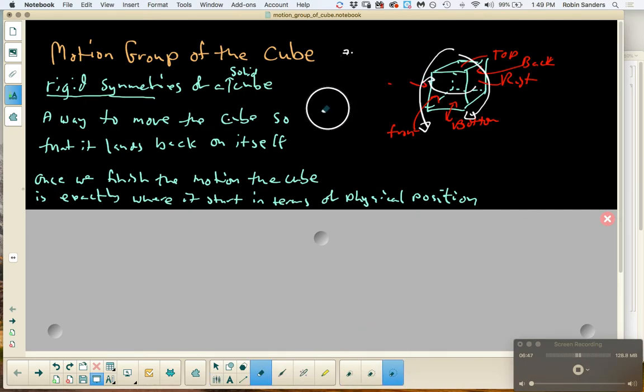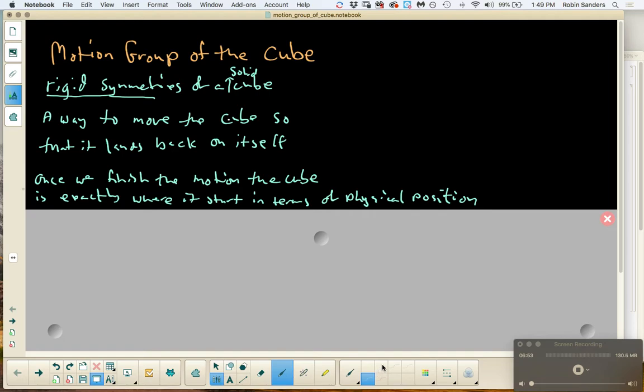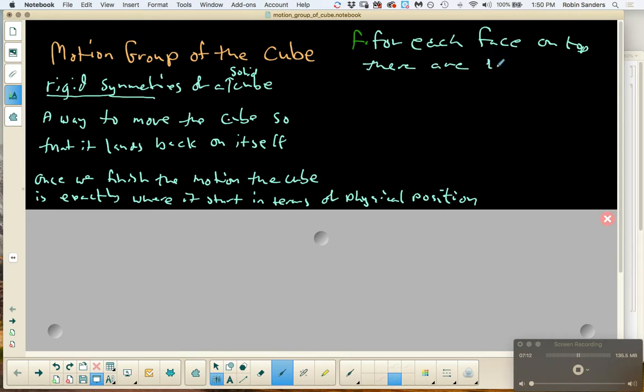I'm going to make this stuff go away because I need a little bit more room to write. But what we now know is that for each face on top, there are 4 rotations that fix that top.